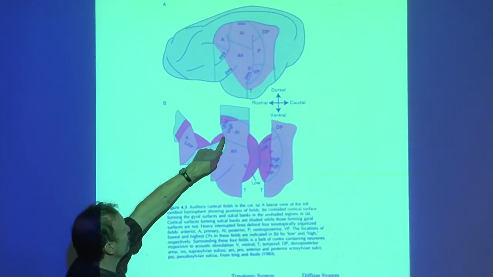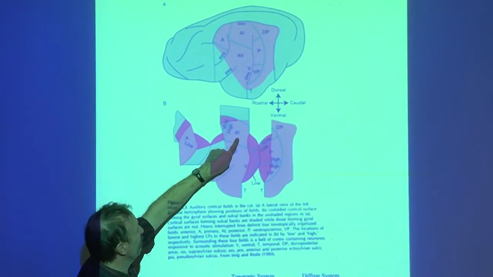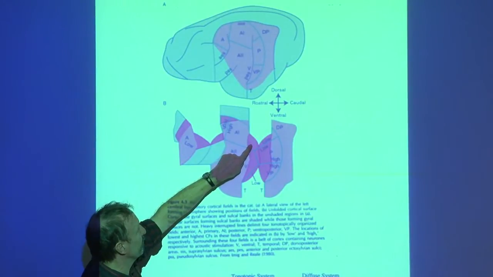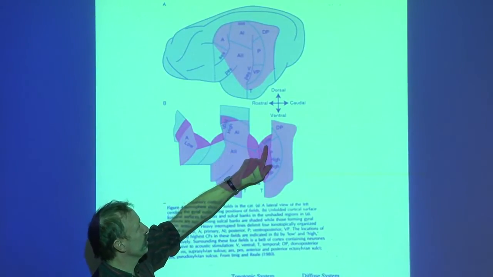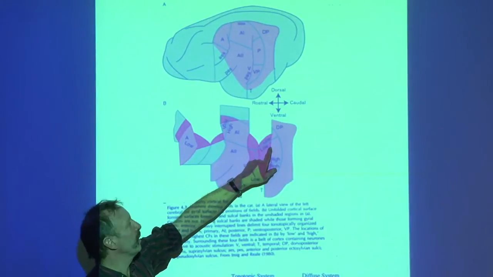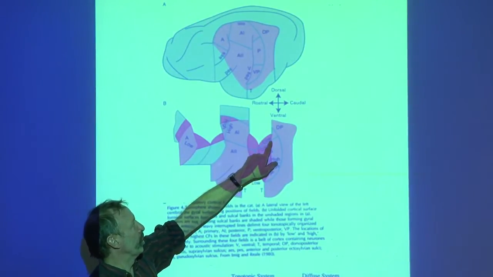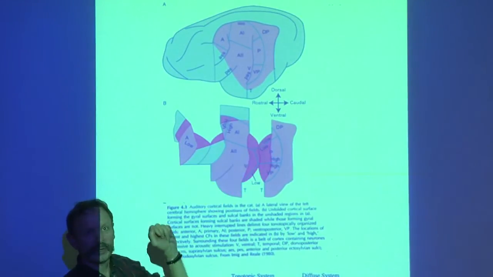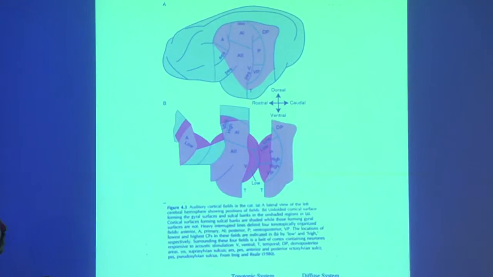But if you move your electrode more caudally, the CFs get lower and lower until you reach the posterior edge of A1. This little word low means that's where the lowest CFs in A1 would be found. And the low CFs would be like 0.1 kilohertz, 100 hertz.